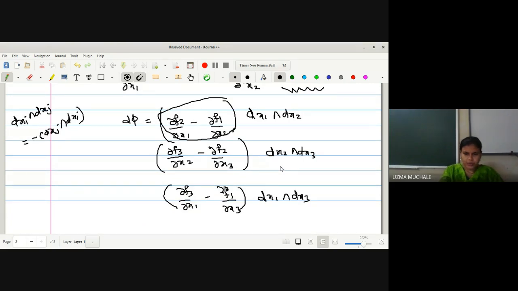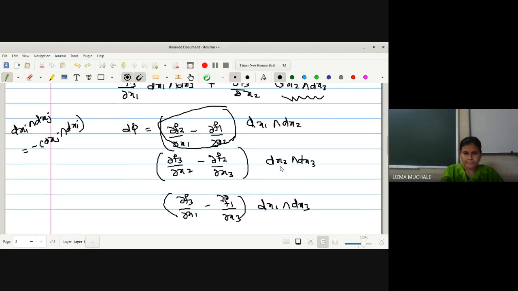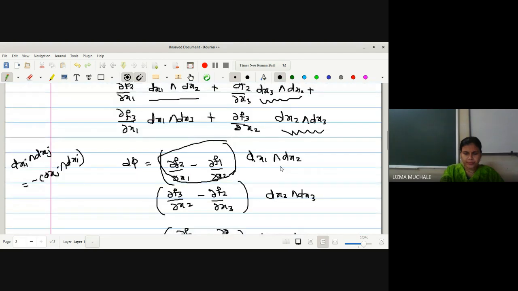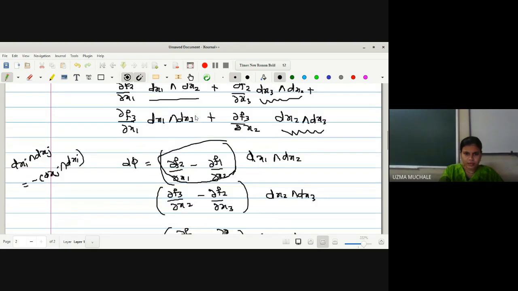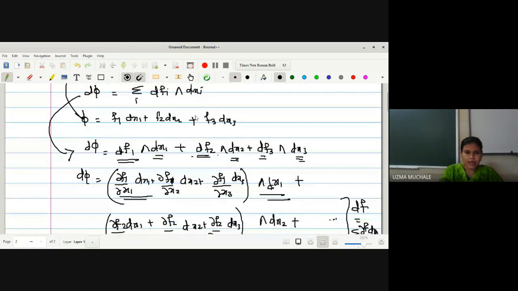I will show you in an easier way, but we have to skip two or three steps for that. Let me show you what I have to do. This is what your function f, and this is what a derivative, just like we have done for this step. यहाँ पे हमने क्या किया था, df1 wedge product with dx1. सो वहाँ पे भी हमें सेम मेथड फॉलो करना पड़ेगा, राइट?